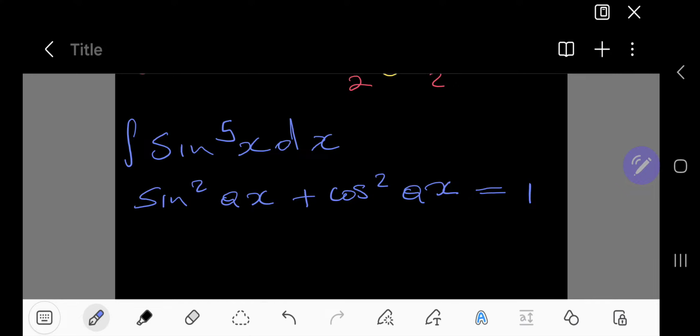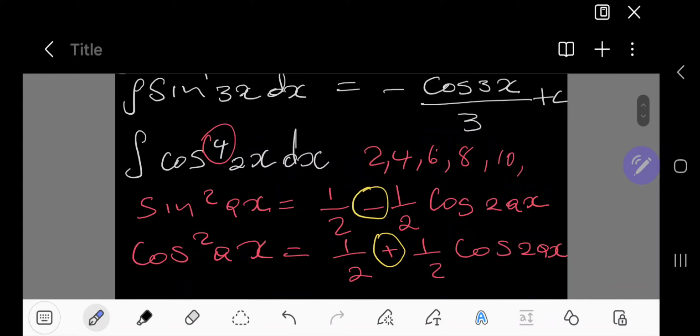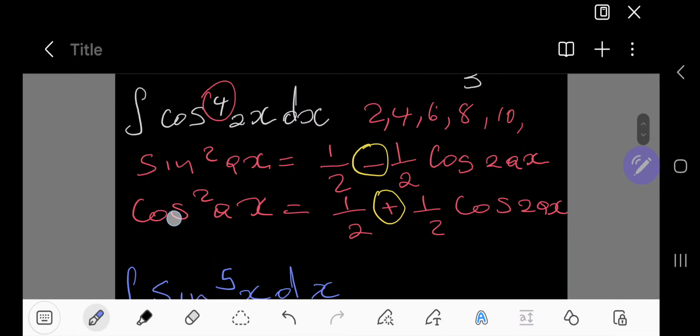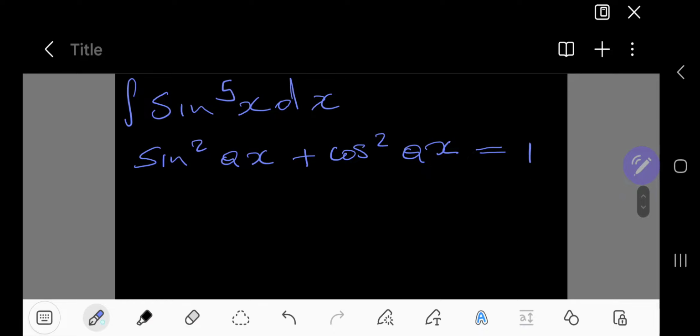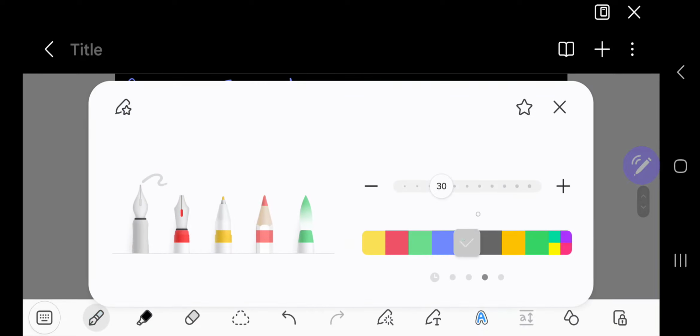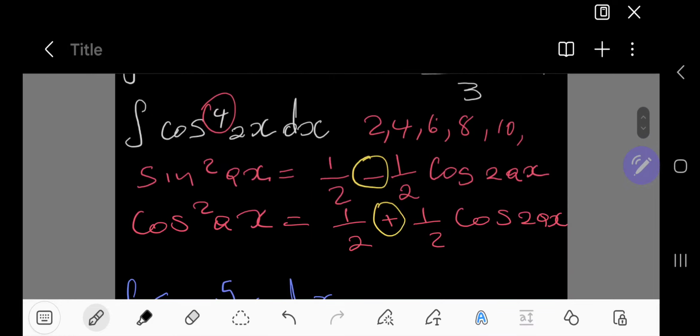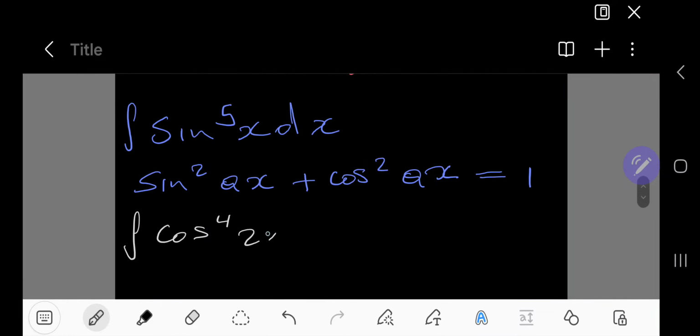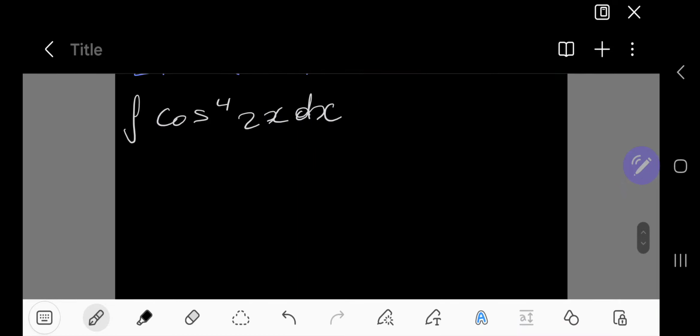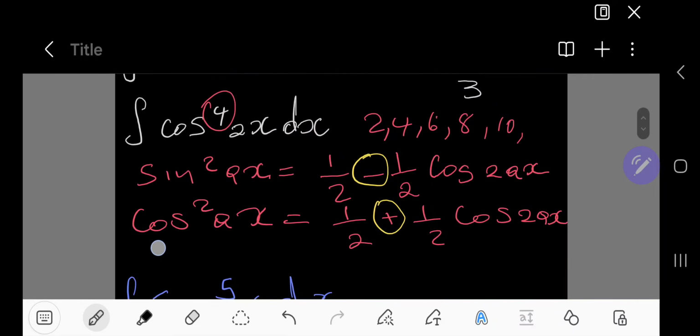Now let's go back to what we're given: cos raised to 4, 2x dx. So what we want to do is use this identity that I spoke of.